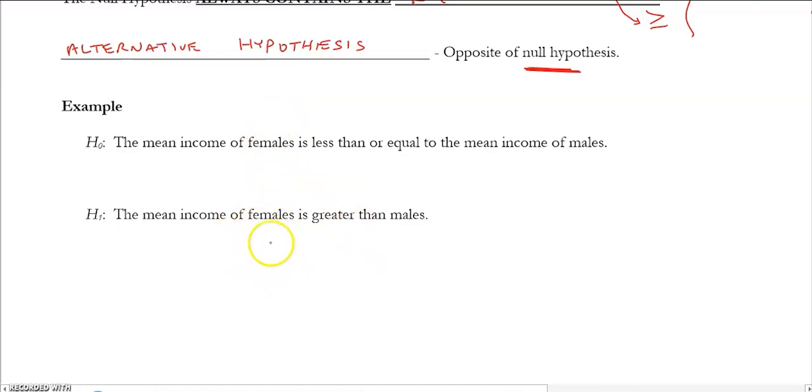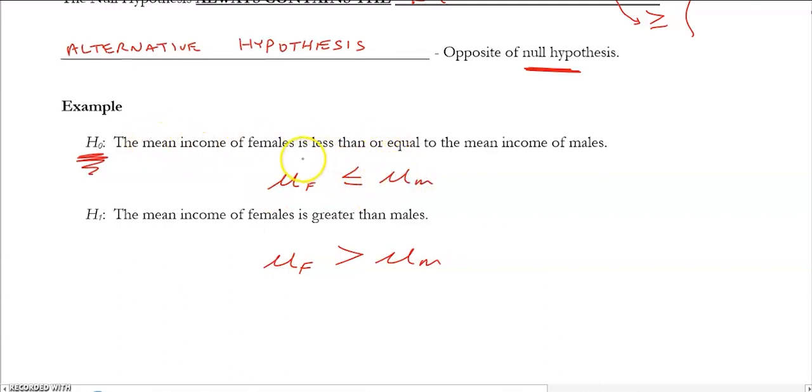So this is what you might read in the question, and when it comes to putting the hypotheses together, we can say in this case the mean income of females is greater than the mean income of males, and we always include the equality in the null hypothesis.